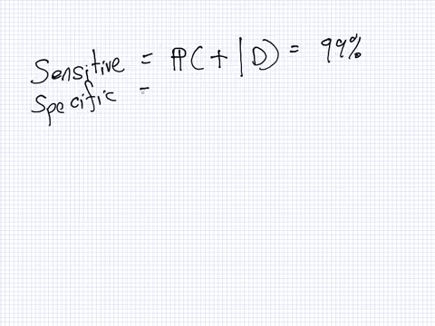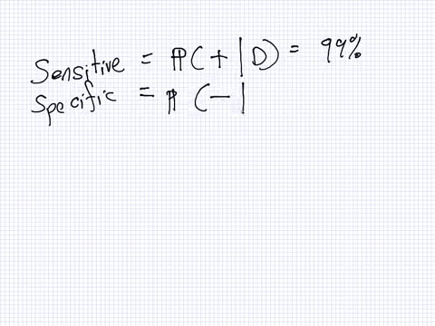And specific. So what do you think that is? How specific the test is? Well, that's kind of like the opposite. That's the probability that the test says negative, you don't have the disease, if you actually don't have the disease.